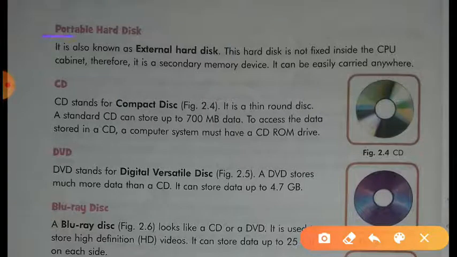The first topic is portable hard disk. Dear students, portable hard disk is also known as external hard disk because this hard disk is not fixed inside the CPU cabinet.